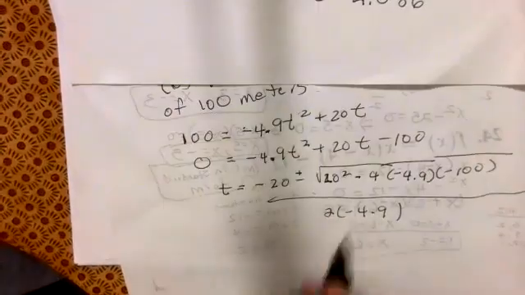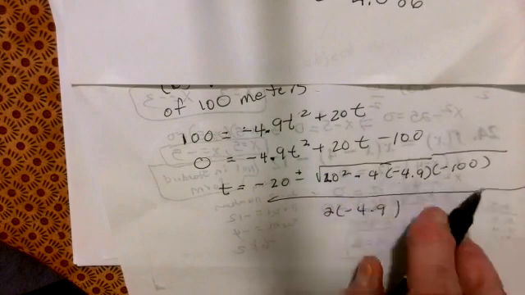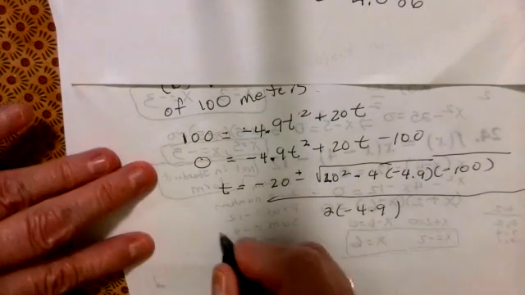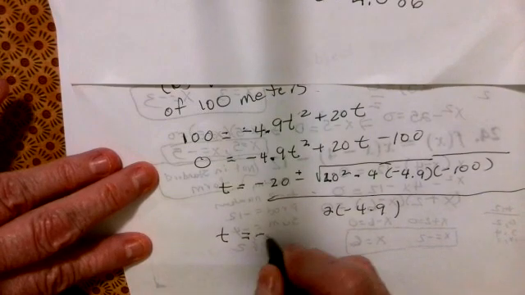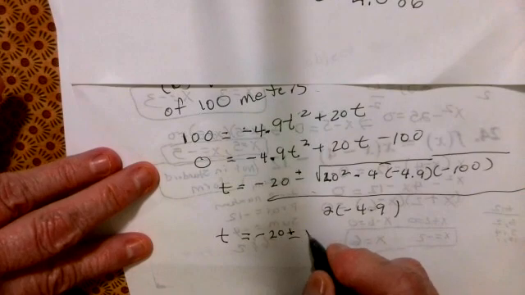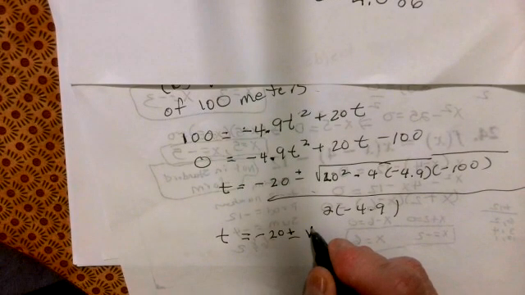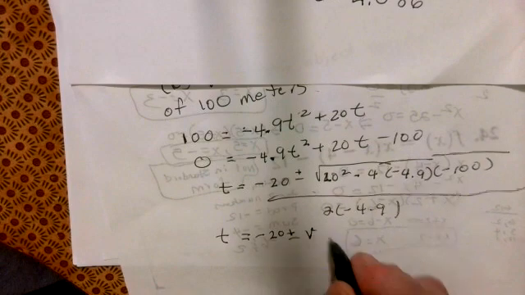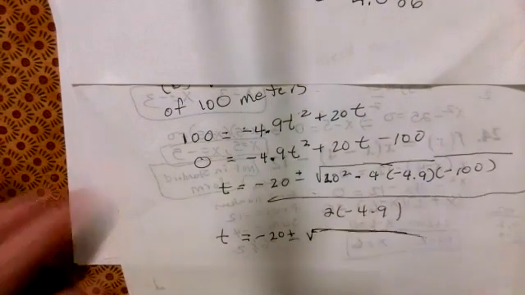Okay, I can already tell this isn't going to work. Well, let's go ahead. Here I've got 3 negatives, so it's going to end up being negative. So t is going to be equal to negative 20 plus or minus the square root. Let's figure out what this is going to be.